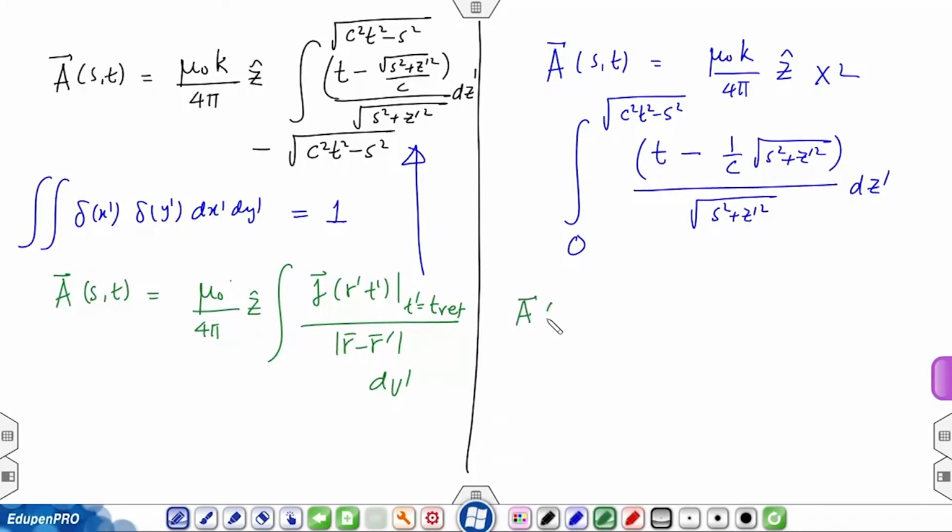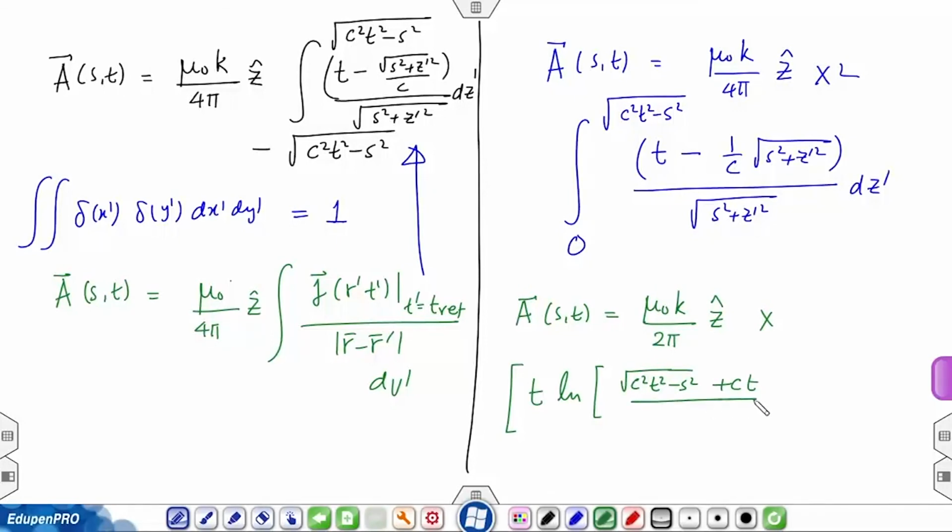A(s, t) equals mu naught k over 2 pi in the z direction times t log of square root of c square t square minus s square plus c t divided by s, minus 1 over c square root of c square t square minus s square.